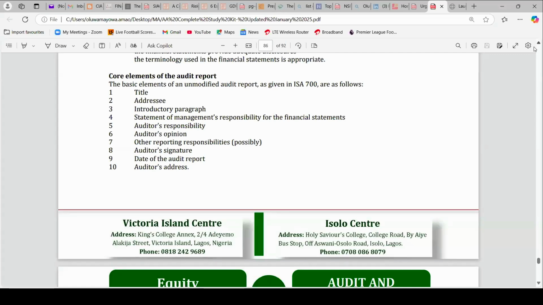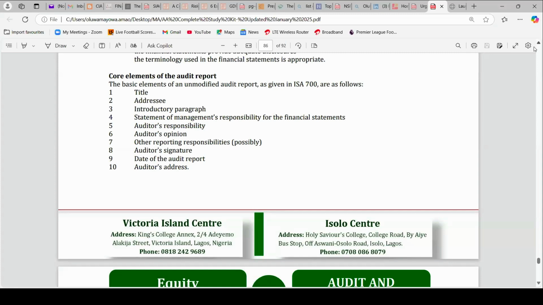So whichever way you're going, in some text in your text material, you have it as 10. In ICAN it is 14. But when you look at the 14 item list in ICAN and the one listed in your material, it is more or less the same. So if you are in doubt, I can read out the ICAN one for you so that there is no doubt, but it's more or less the same.